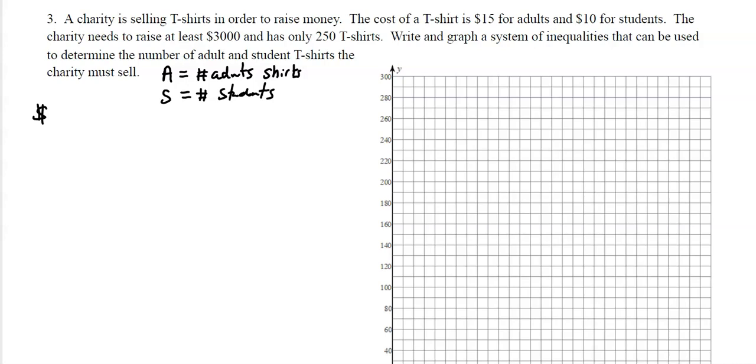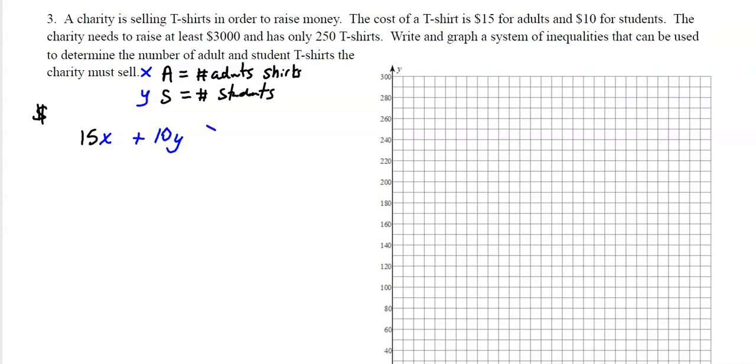For my money equation, I have $15 times every adult, but maybe we ought to just use X and Y since I have X and Y in the grid over there. Might make a little bit more sense. So 15X plus 10Y has to be at least 3,000.